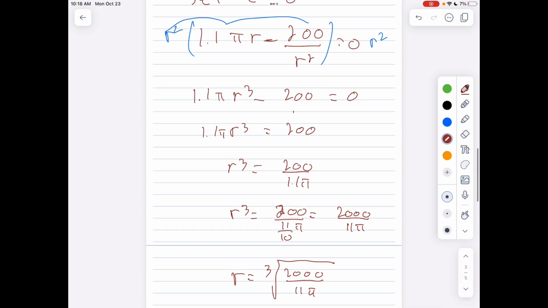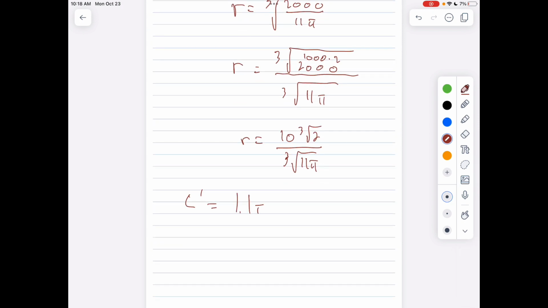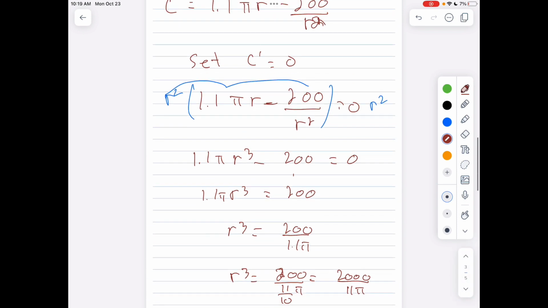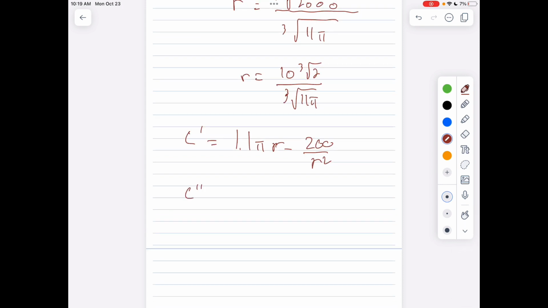One way is to, sorry, I'm going to write this out again. 1.1 pi r minus 200 over r squared. I can go ahead and take a second derivative and use what we call the second derivative test.